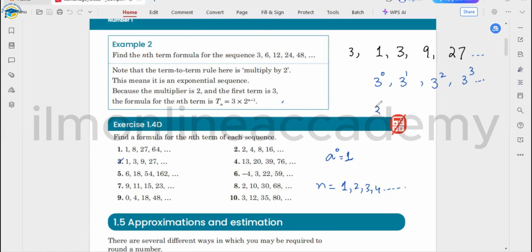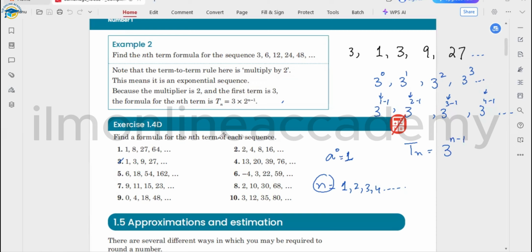So for that reason, what we can do is go on with 1 minus 1, 2 minus 1, 3 minus 1, 4 minus 1. We still have similar powers, but the subtraction shows us the numbers starting from n exactly, like 1, 2, 3, 4, and minus 1 in the power is common for all of these. So your nth term of the sequence will be 3 raised to the power n minus 1. So this can be one way to represent the nth term of an exponential sequence.